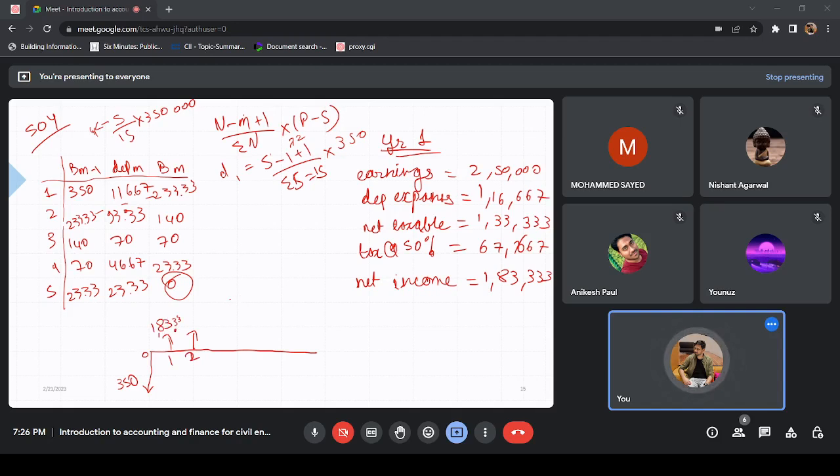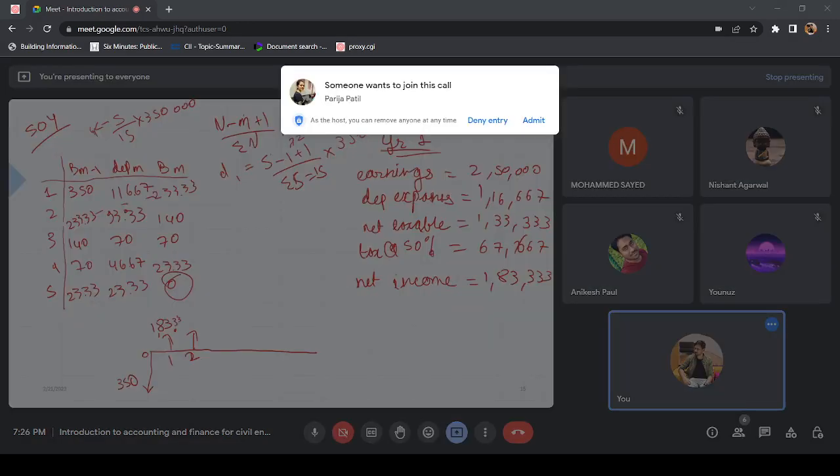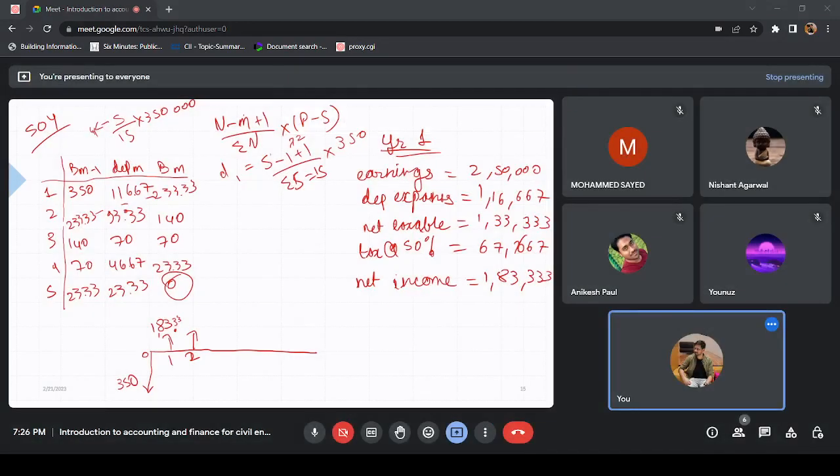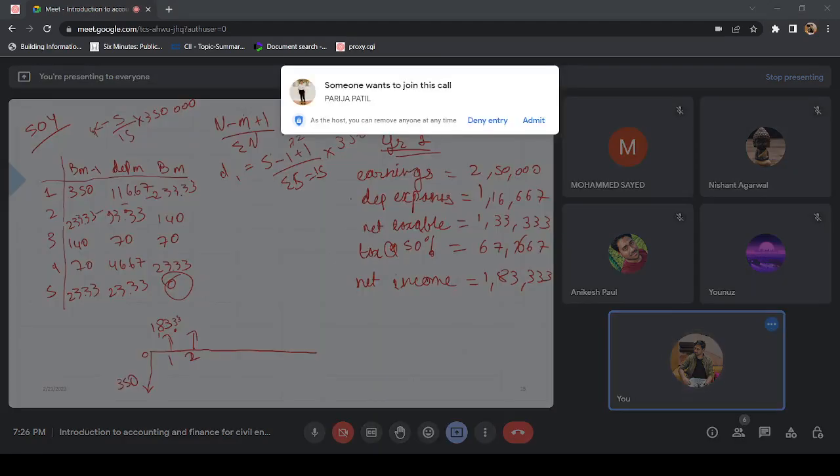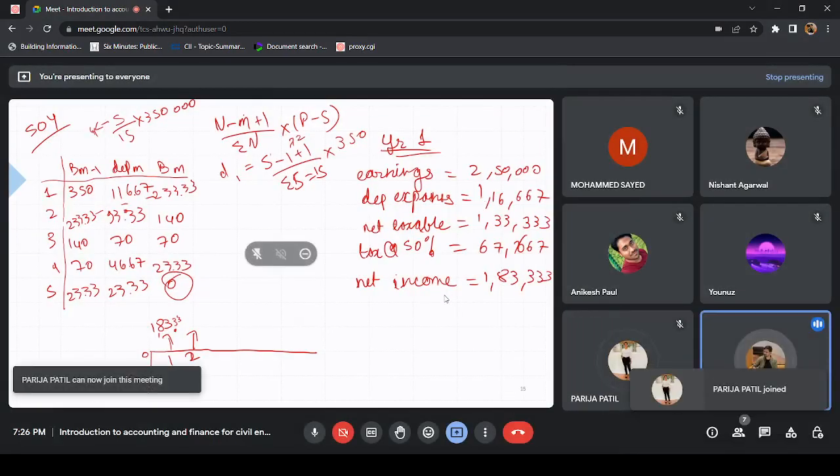What did we do? I just repeated it. Okay. Any confusion? Similar calculations you have to do for each year.